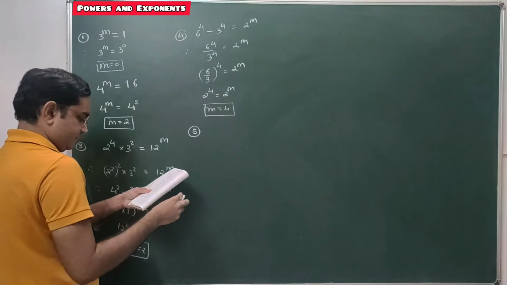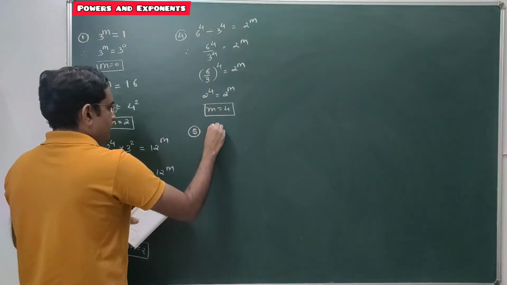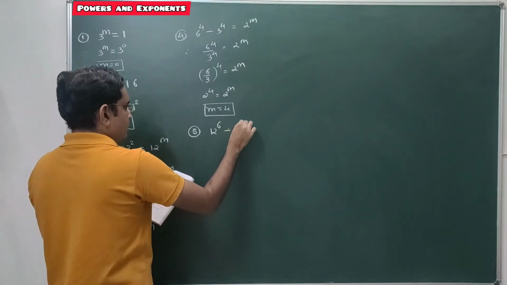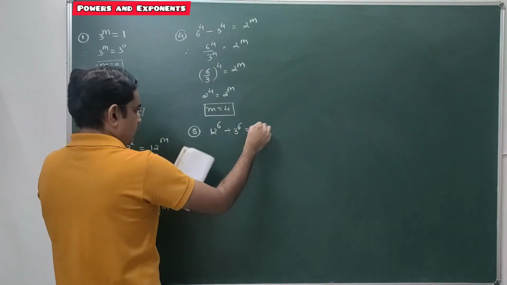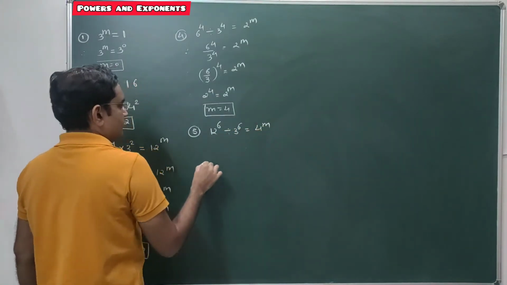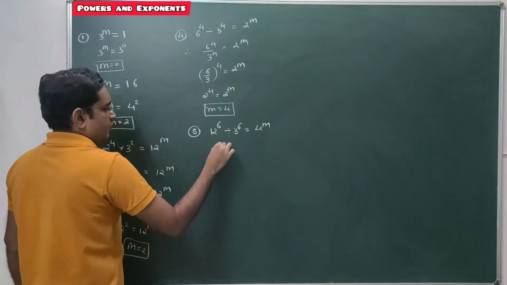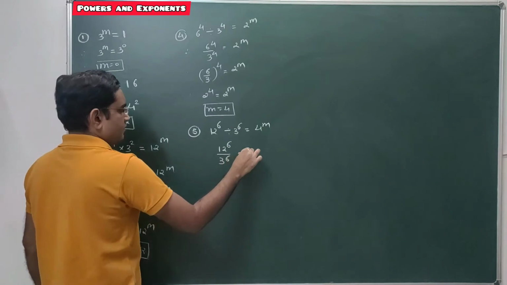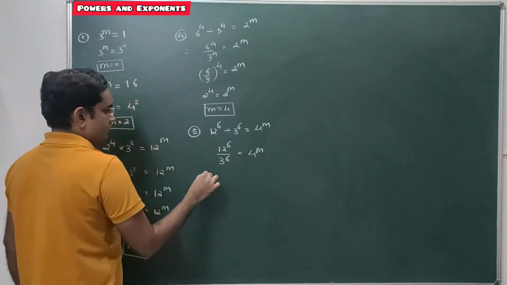Question number 5. Here it's 12 raised to 6 divided by 3 raised to 6 equal to 4 raised to m.